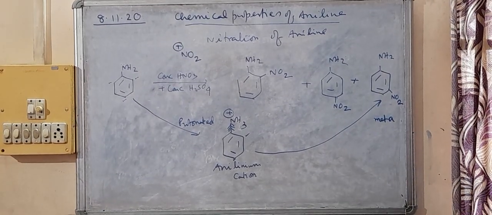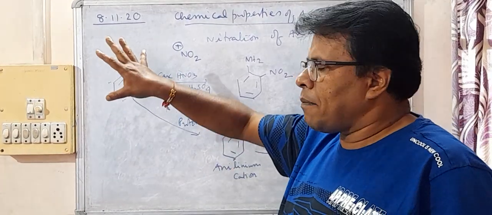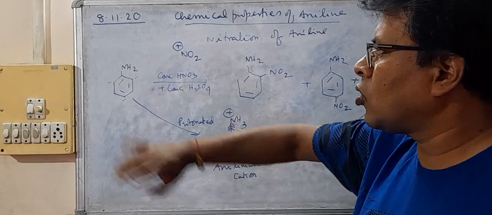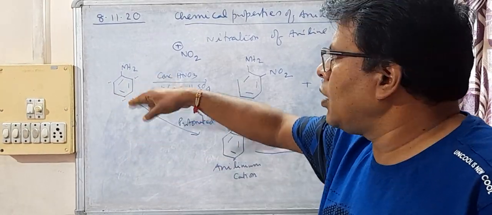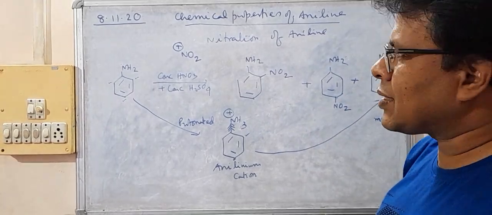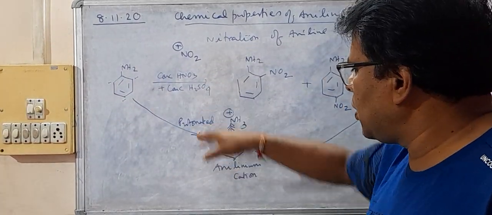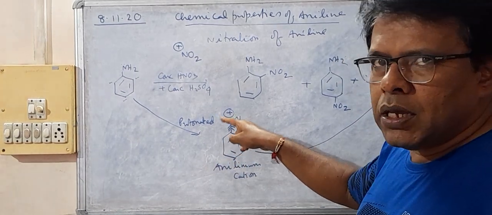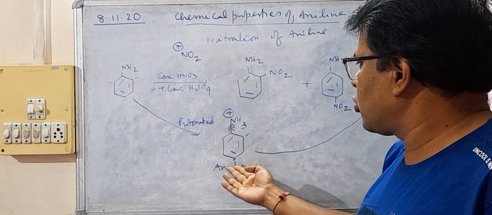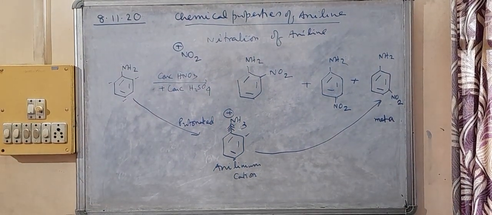So the reason for meta product is that some amount of aniline, not all aniline, will form ortho product, some aniline will form para product, but some amount of aniline gets protonated in acidic medium, and it being an electron withdrawing group, that's why we also get meta product.